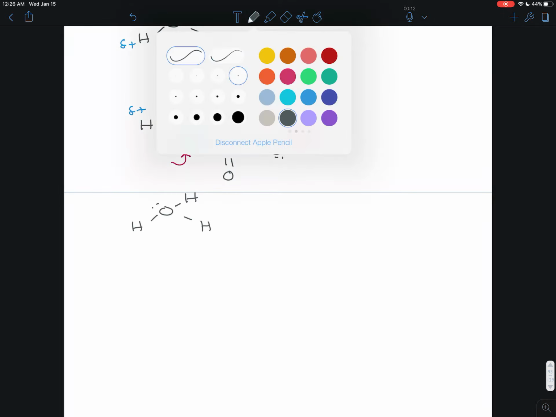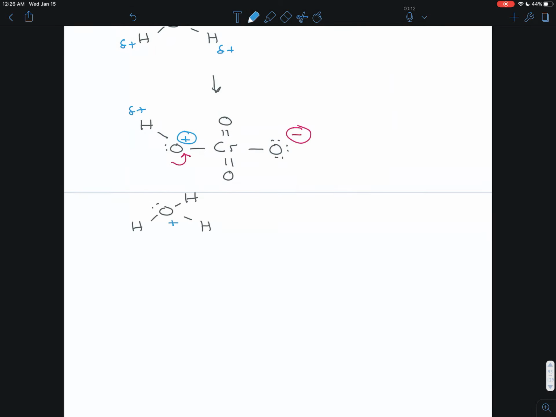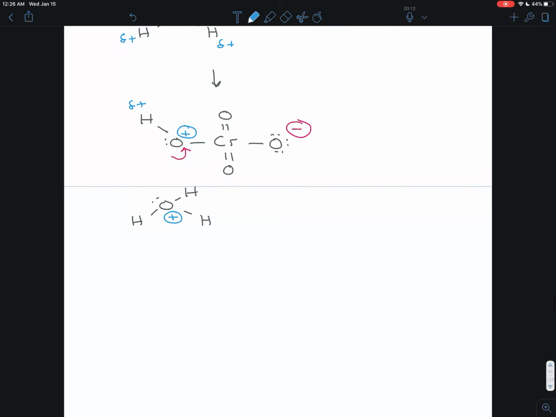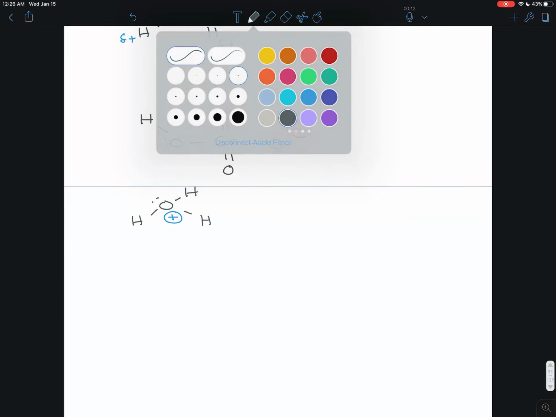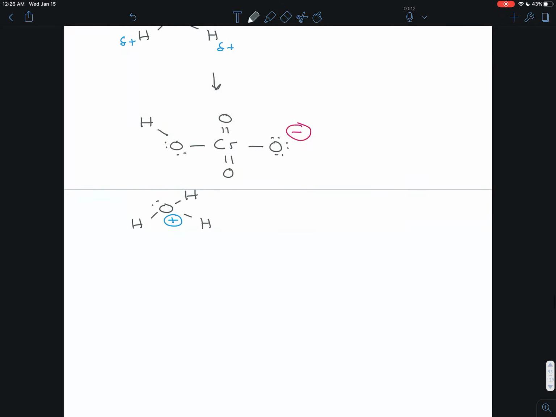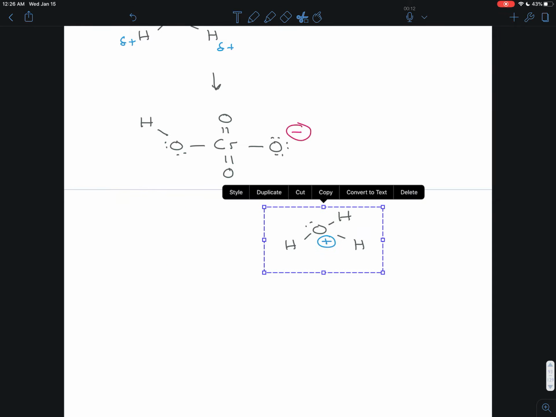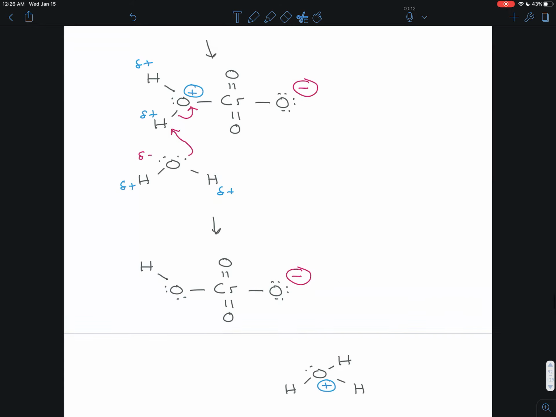That oxygen has 3 bonds now, so that has a full positive charge. That's H3O+, hydronium, classic acid. And this now has the electrons from the bond on it, this oxygen, so it doesn't have that charge anymore. Okay, so we did a proton transfer, and you'll notice that this molecule is more stable than it was before.